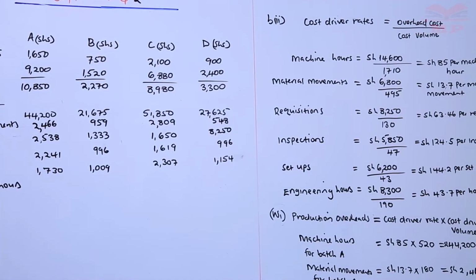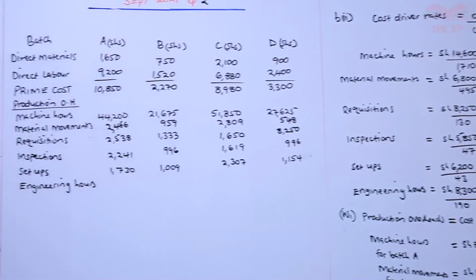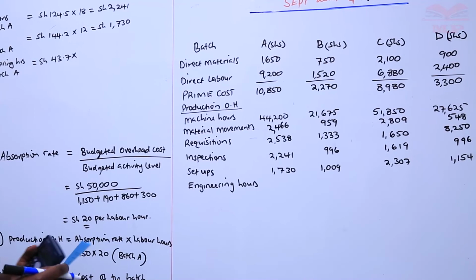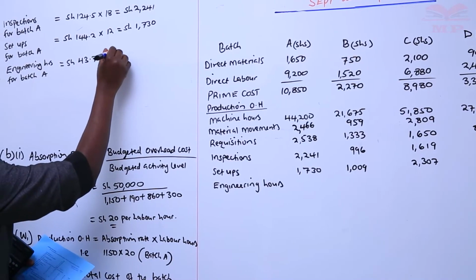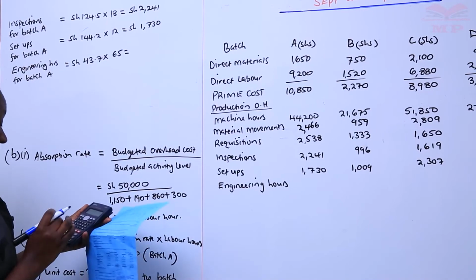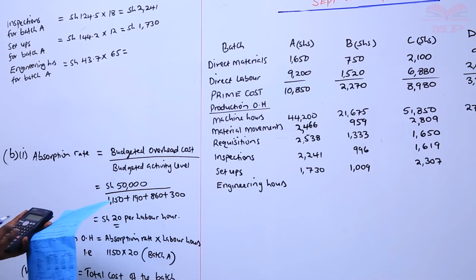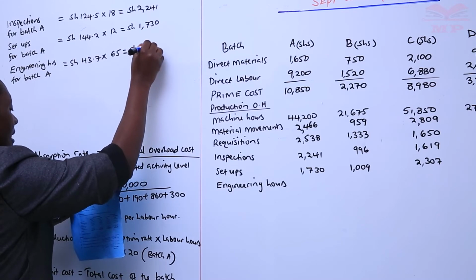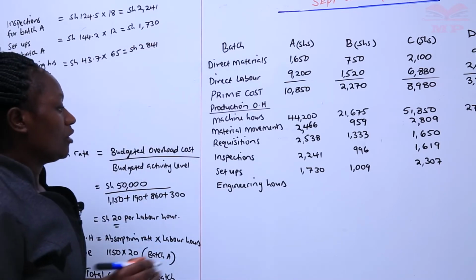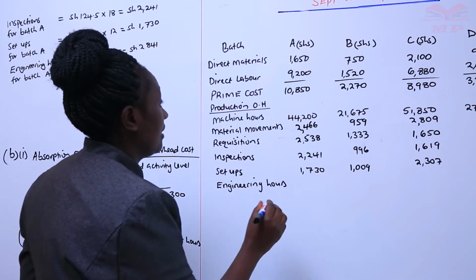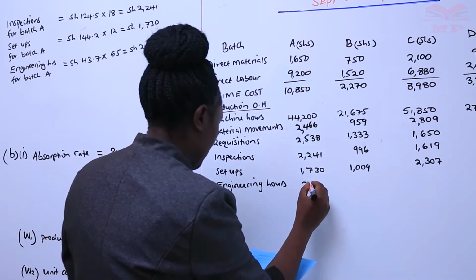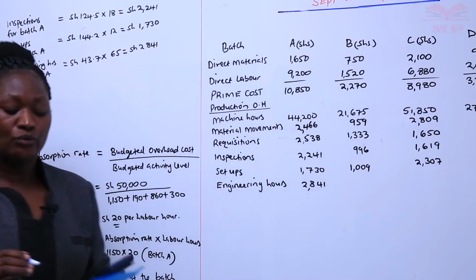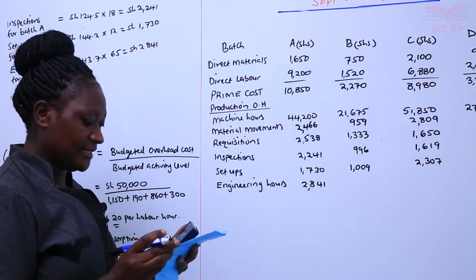So we are taking 43.7 multiplied by, under note 2, engineering hours for batch A, which is 65. So multiply that by 65, and that will give us 2,841. So you bring that value under batch A, which is 2,841, and then you do the same for batch B, C, and D.